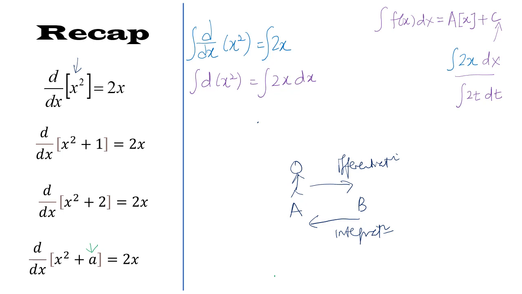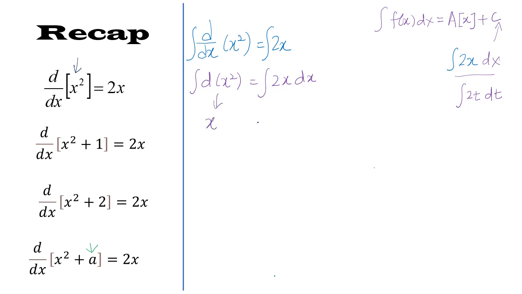Then where do you end up? You end up at point A, right? So this is what it means by integration being the reverse of differentiation. Therefore, when you differentiate x squared and then integrate it, what you get is just x squared only.